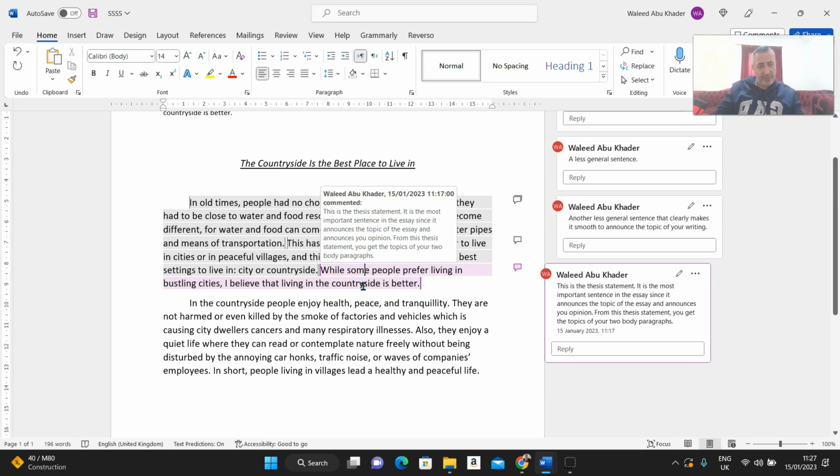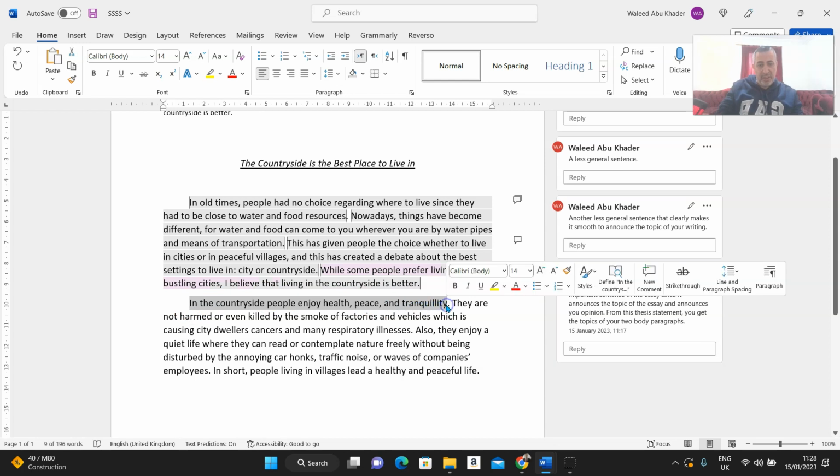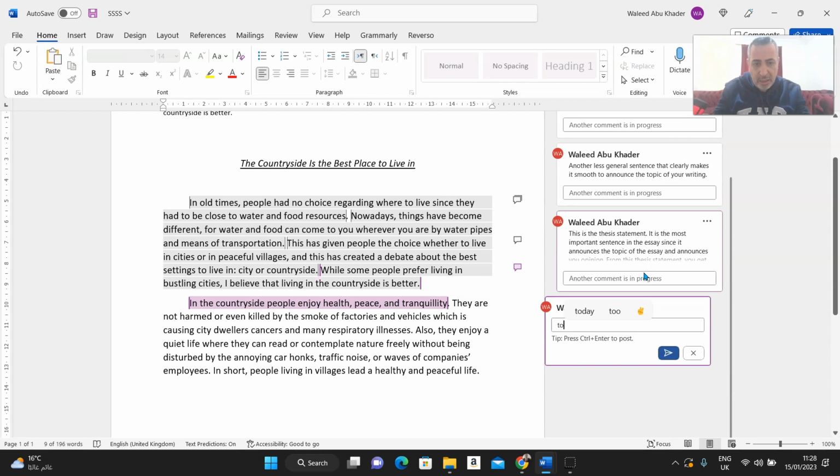You have to prove it. Okay, we need 2 reasons why you prefer. This is the topic sentence of the first body paragraph. In the countryside, people enjoy health, peace, and tranquility. So, this is the topic sentence.